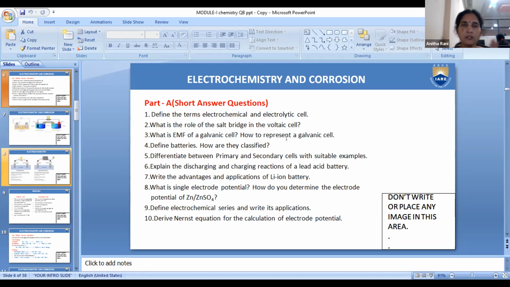These two are connected with the salt bridge, indicated by a double vertical line. So we always write the anode on the left side and the cathode on the right side: electrode, electrolyte on the anode side, and electrolyte, electrode on the cathode side. These two half cells are connected with the salt bridge, a double vertical line. That is the representation of a galvanic cell.